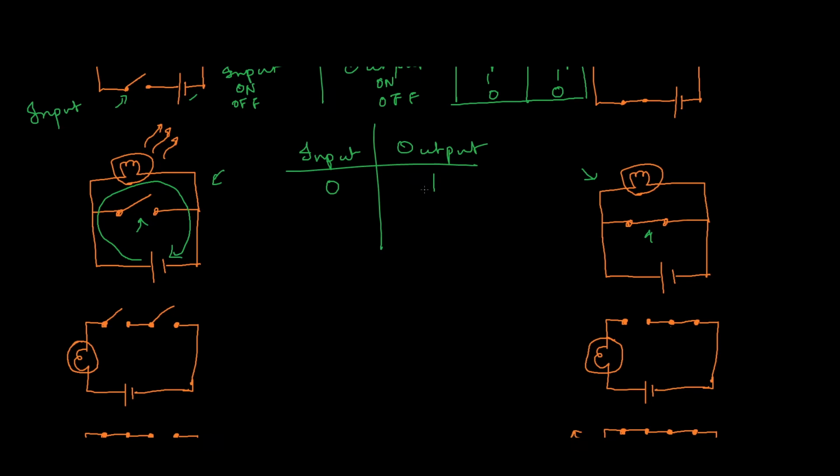So the output is 1 in the form of a glowing bulb. And when the switch is on, the bulb stops glowing because we have kind of shorted this circuit with another path of lesser resistance. So in fact, when I switch on the circuit, the bulb switches off. And this might start to look familiar to people who have seen our previous episode.